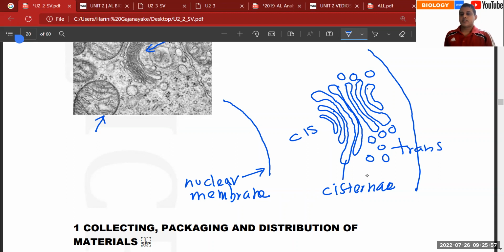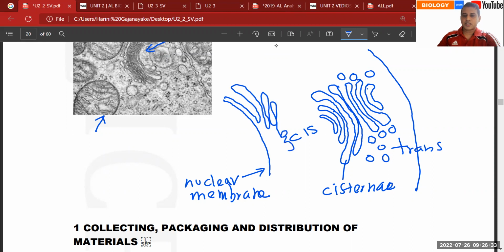Cisterna is one sheet, and they are not interconnected like rough endoplasmic reticulum or smooth endoplasmic reticulum, which are connected with each other. In this case, they are not connected, they are separated, and they are located a little bit close to the cell membrane. Obviously, the second envelope makes this RER like this.